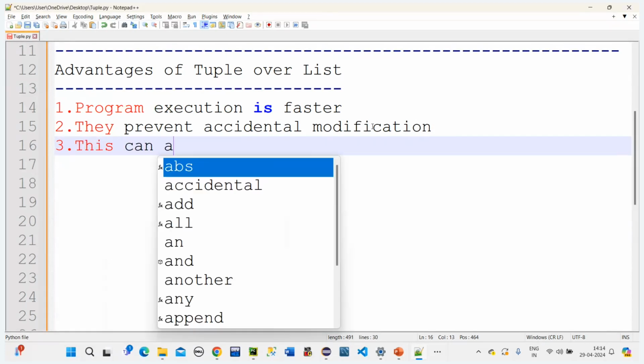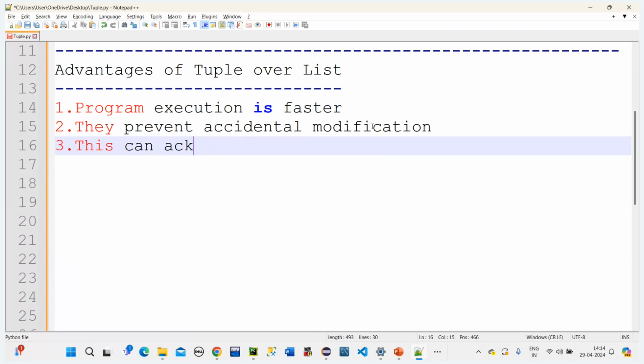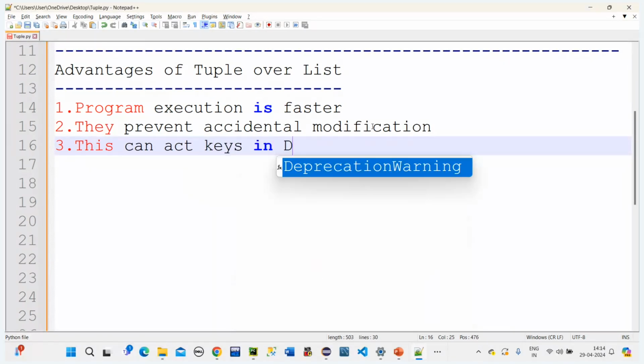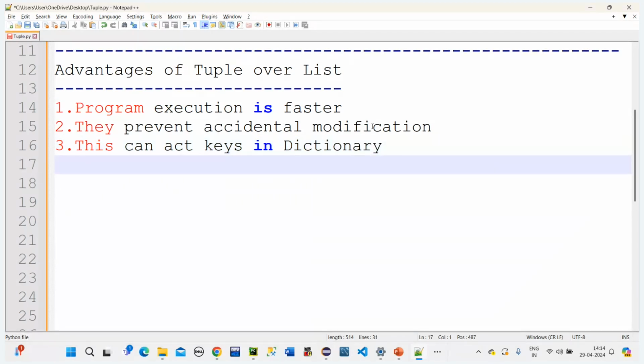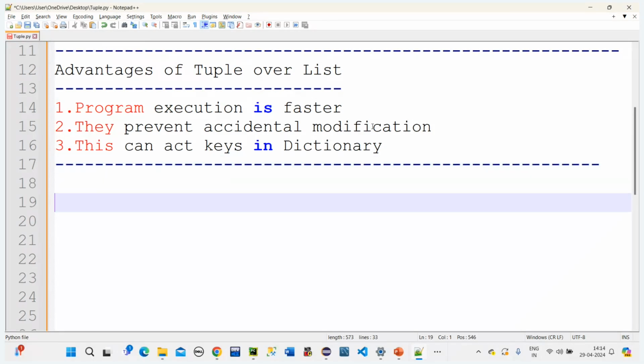They can act as keys in a dictionary. These are the advantages of a tuple over a list.